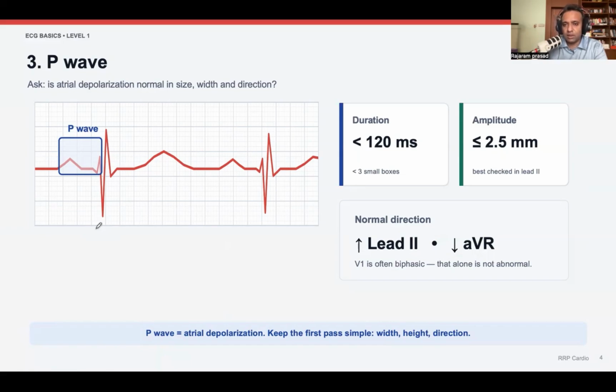Amplitude, best checked in lead 2, should be less than 2.5 millimeters. Normal direction of P is positive in lead 2, negative in AVR, and often biphasic in V1. That alone is not abnormal. P wave represents the atrial depolarization; you need to see the height and the direction. All these three things you need to see.